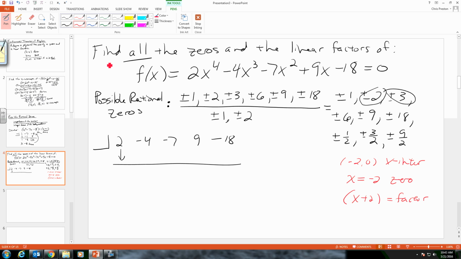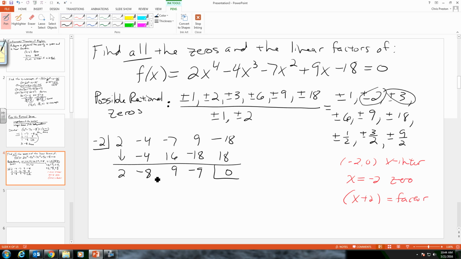So what I can do here is, if I'm dividing by x plus 2, then I'm going to use the 0 value, -2, in here. Let's see if that works. -4, -8, that's +16, which is 9. That's a -18, which is -9, which is +18, which is 0.